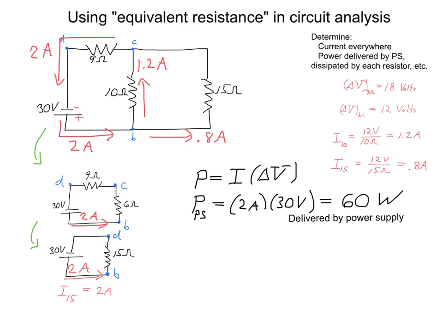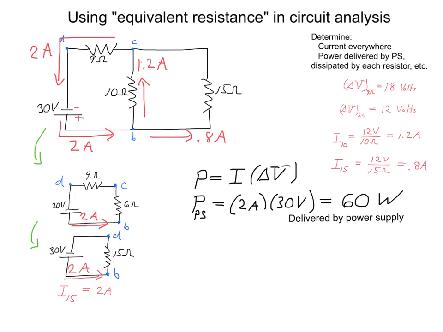30 volt voltage drop across it. So this calculation that we just did, multiplying 2 amps by 30 volts to get 60 watts, will also be the power dissipated by this equivalent 15 ohm resistor. Now there isn't an actual 15 ohm resistor, really there's a network of all these resistors, but if we did replace all these resistors between points B and D with a single 15 ohm resistor, that resistor would dissipate 60 watts.